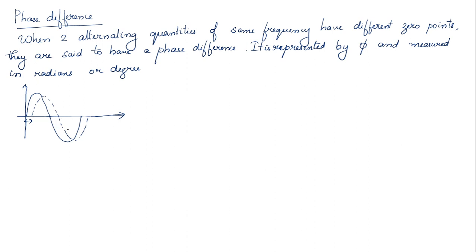See, number of cycles per second is same, so the time period and frequency are same, but you can see there is a shift between these two, or their 0 points are different. So that is written here. If they have different 0 points, then they have a phase difference, and it is represented by the letter phi. Okay, we will go detail into each of them.